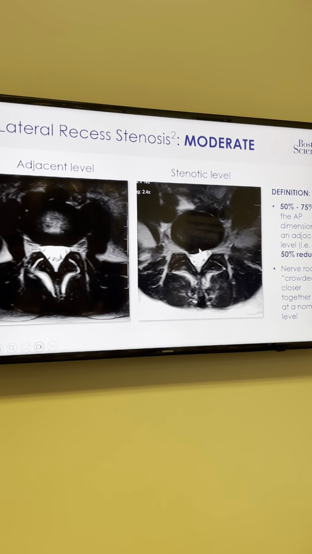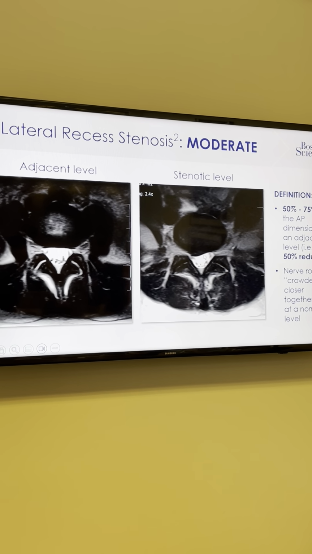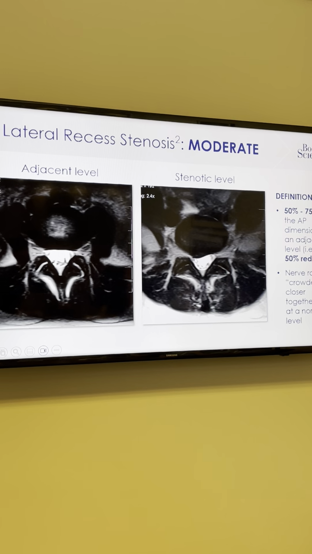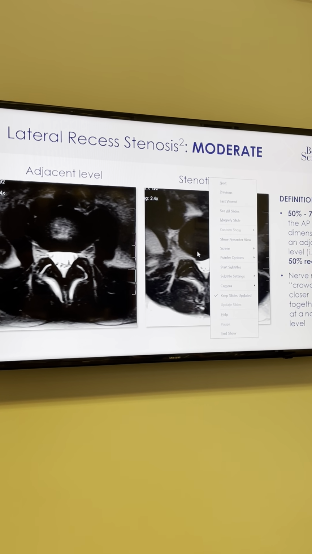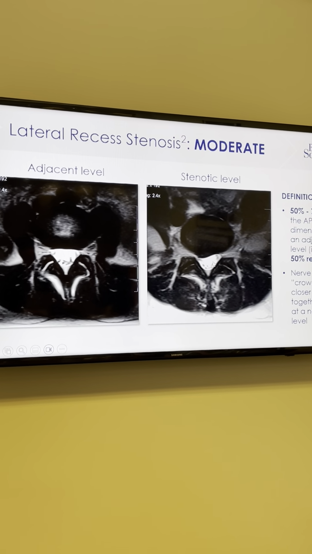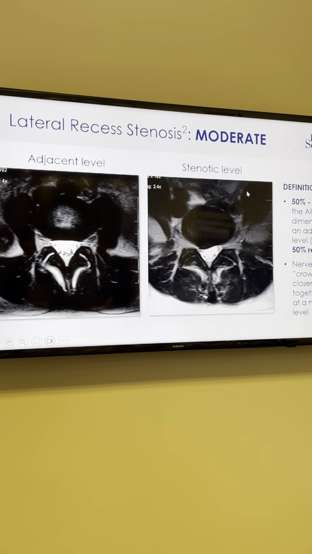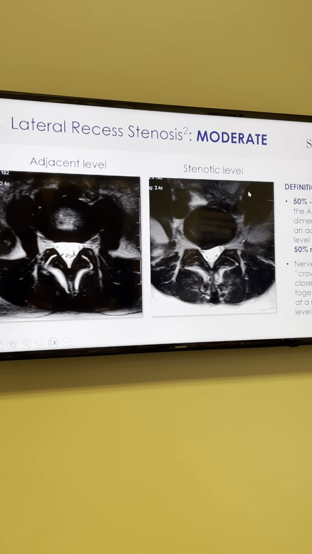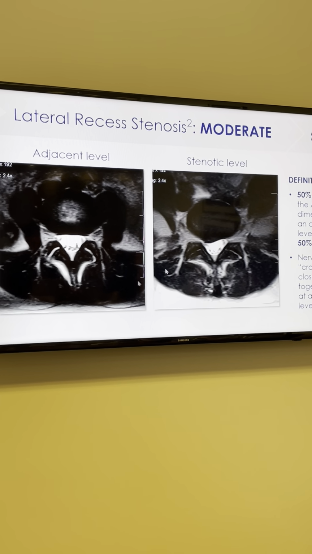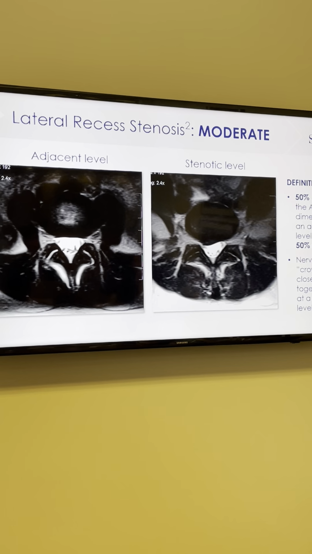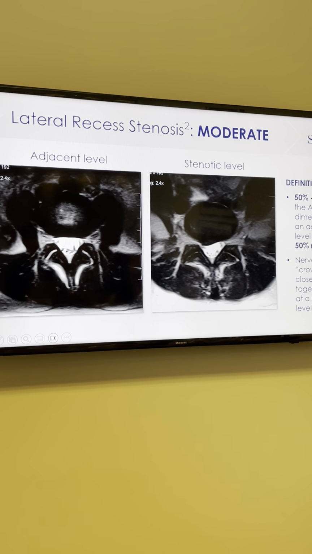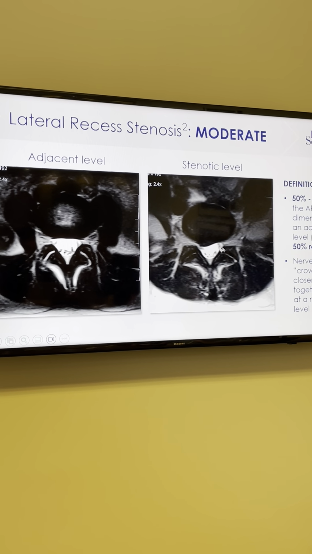Moderate here. The best example of moderate stenosis usually is a paracentral disc protrusion or herniation. Cindy, how would you describe this nerve root compared to that one? Do you think it's compressed, or do you think different color? What's happened to it compared to this one?